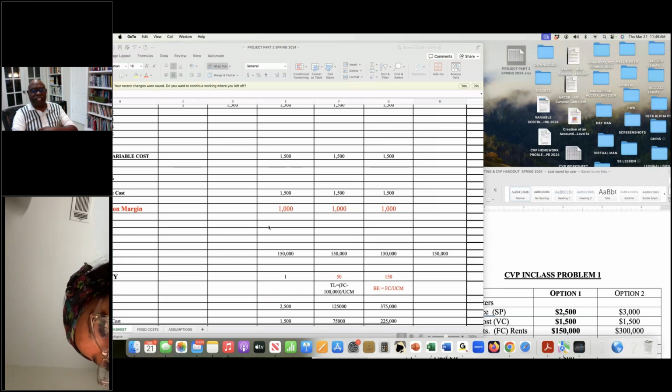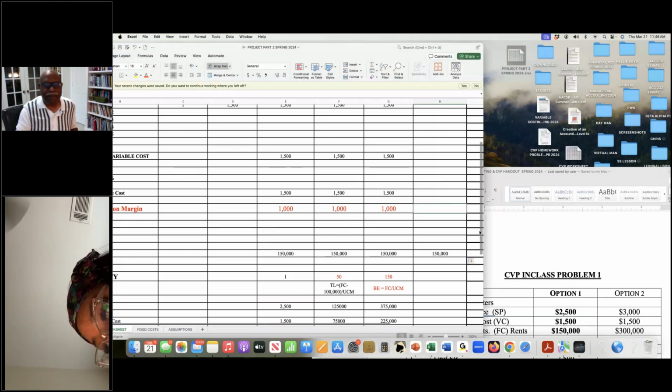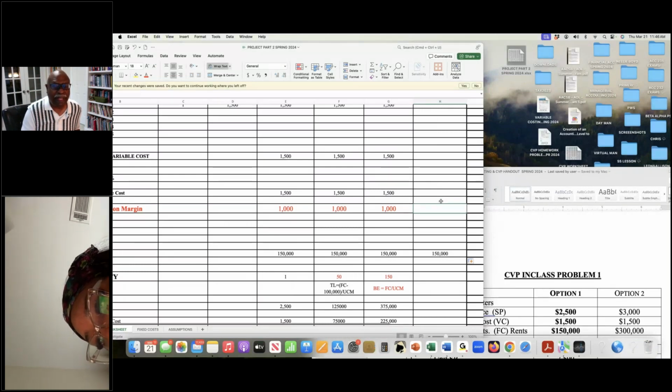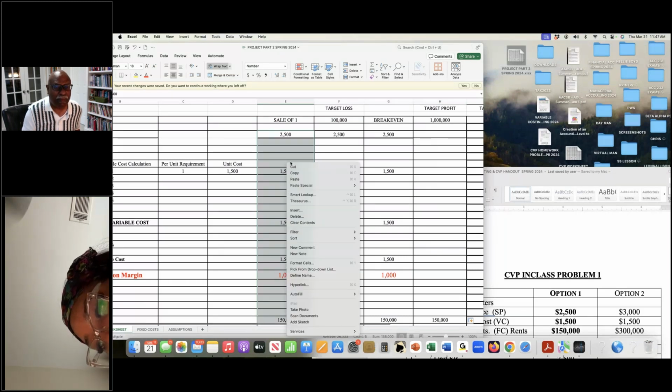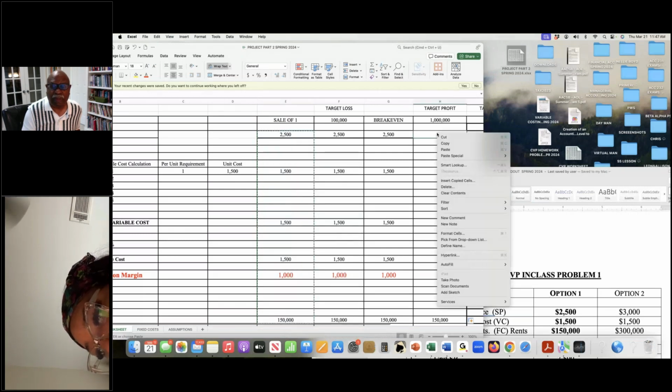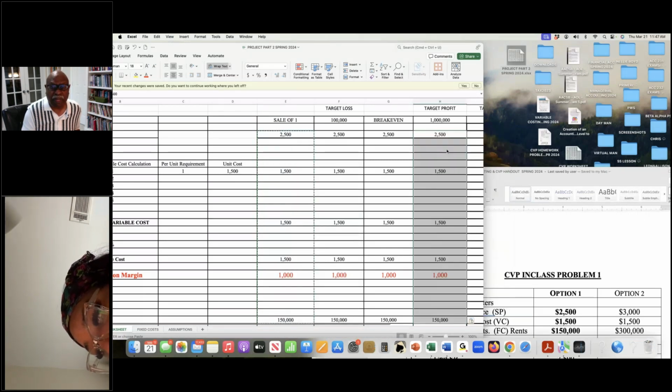Is there anybody who didn't get 1,150? So we know that for this top information, we simply copy it and we paste it over here. Okay.